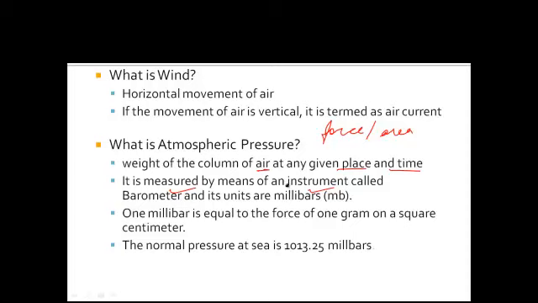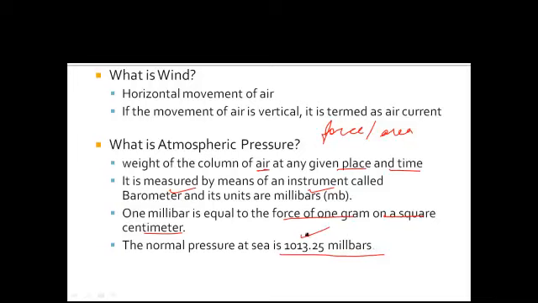And what does a millibar mean? It is equal to the force of 1 gram on a square centimeter. That means on a square centimeter area, 1 gram force is acting. That is termed 1 millibar in atmospheric pressure. And the normal pressure at sea level is 1013.25 millibar, which is recorded. So what does it mean?